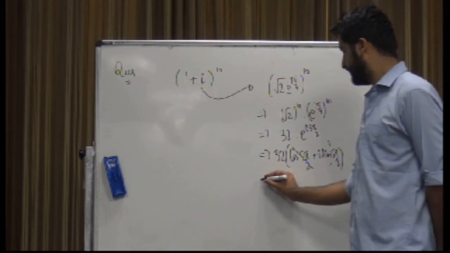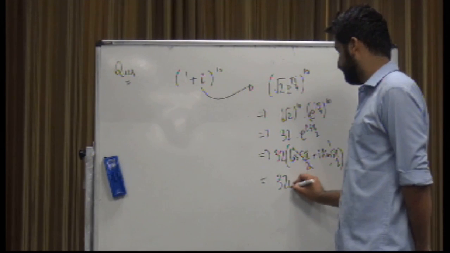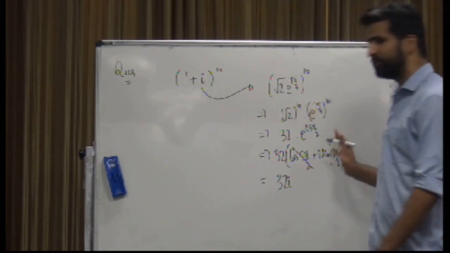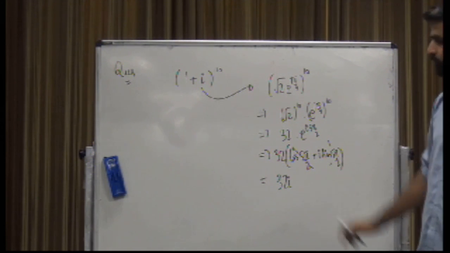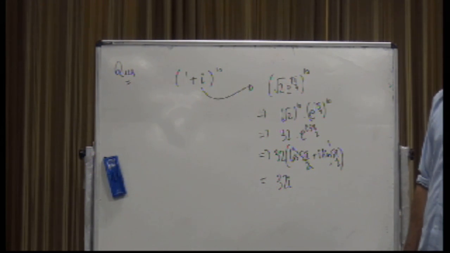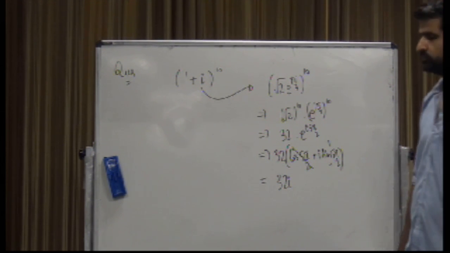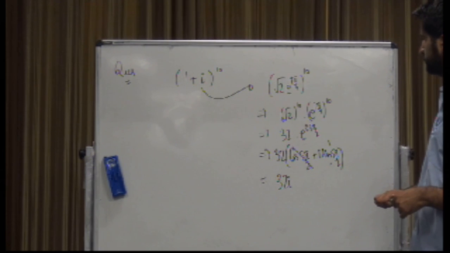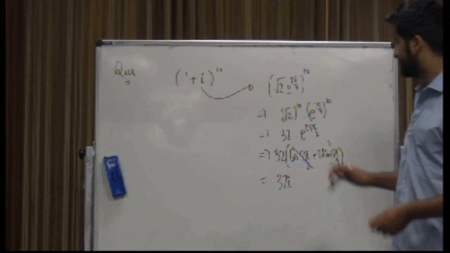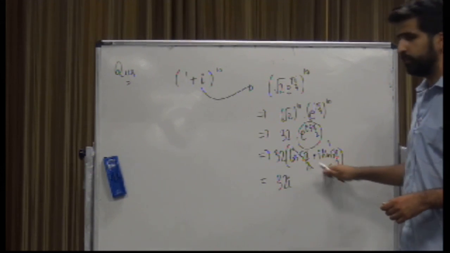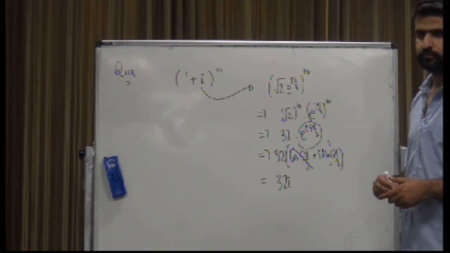So the answer is 32 iota. So sin pi by 2 is 1. So answer is 32 iota. Understood? Everyone? Okay. So you just expand this e to the power iota 5 pi by 2 by writing this into a polar form. Okay.